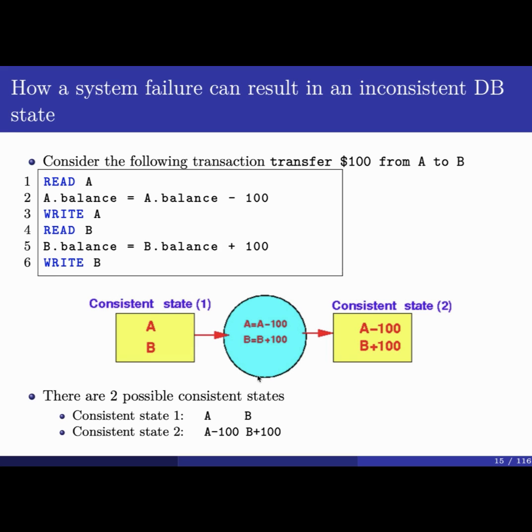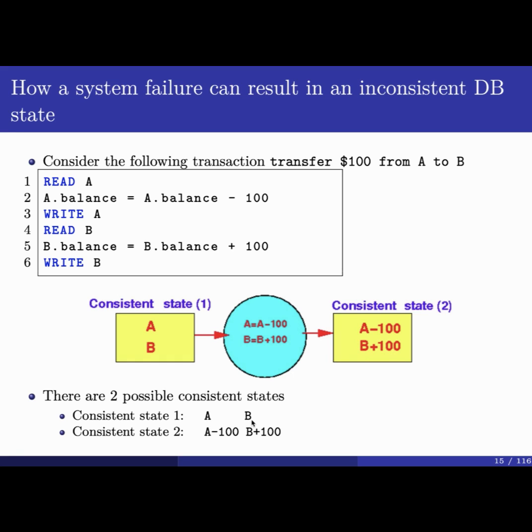When you perform this transaction, it takes $100 from A and deposits $100 in B. If we execute this transaction completely, it transfers the database from one consistent state to another consistent state. So in the new consistent state, A has lost $100 and B has an extra $100.